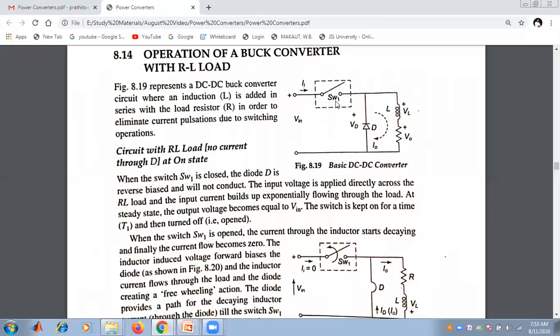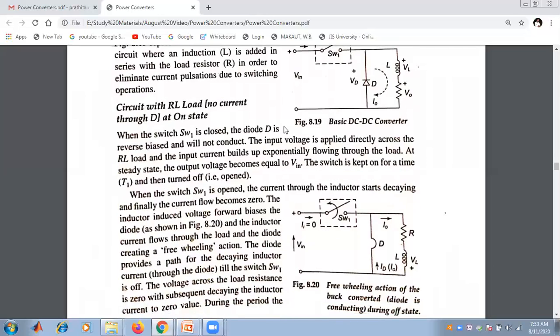So at the steady state condition, the output voltage becomes equal to the input voltage, and we have kept the switch on for the t1 time, then it will be turned off.